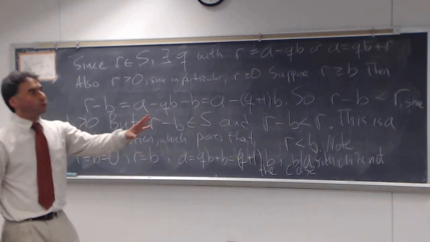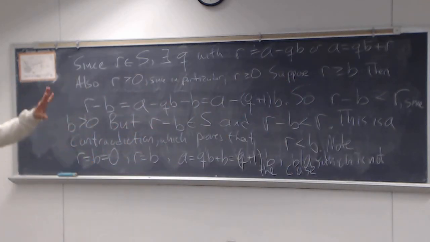Right? Remember, we've handled when B divides A separately, we've gotten our conclusion. So this proof that we're doing here is just in the case when B does not divide A.